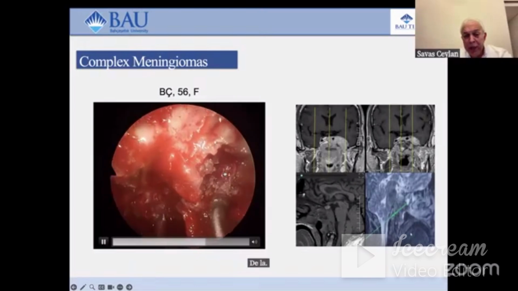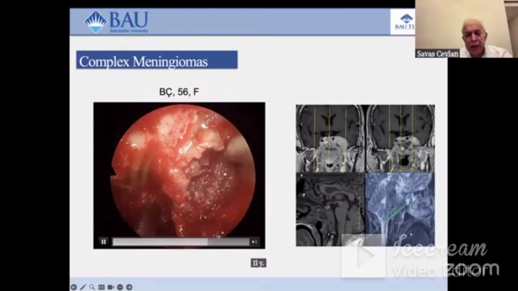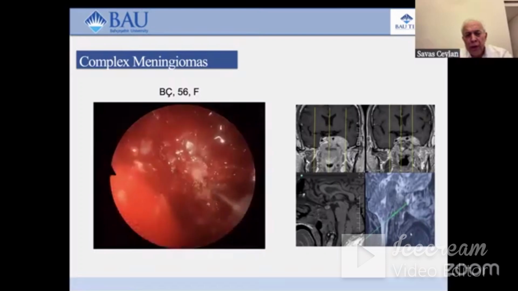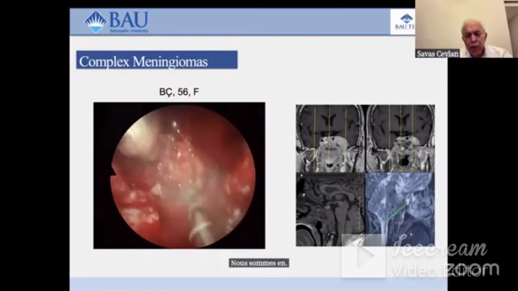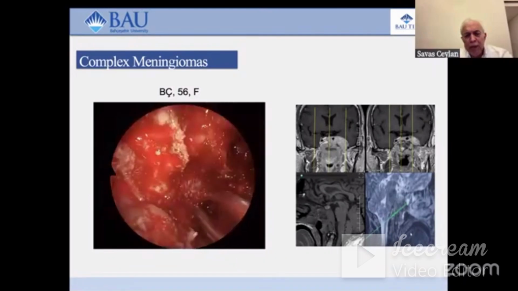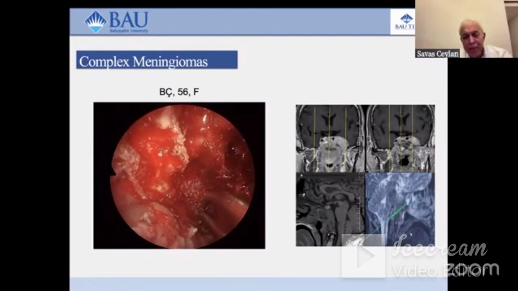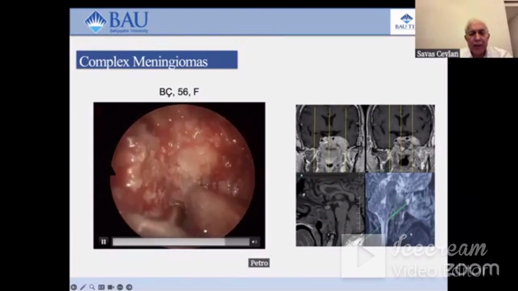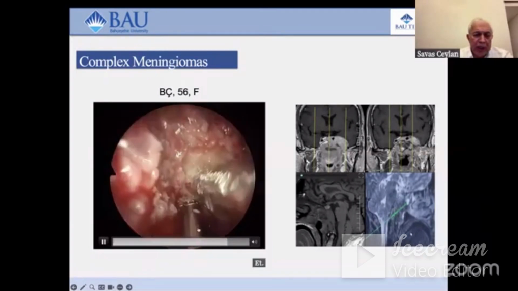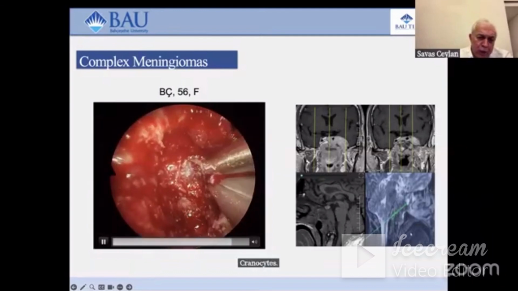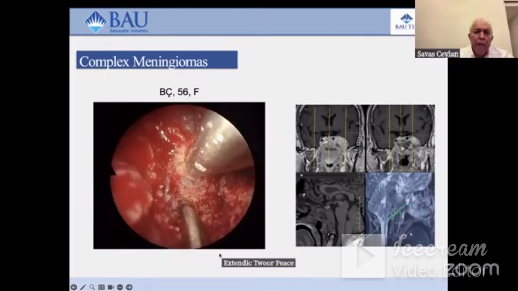At this stage, we routinely used Doppler, and the tumor was removed from between the horizontal paraclival and petrosal segments of the carotid arteries, and at the last stage we reached the craniocervical junction, and the extending tumor pieces were removed.